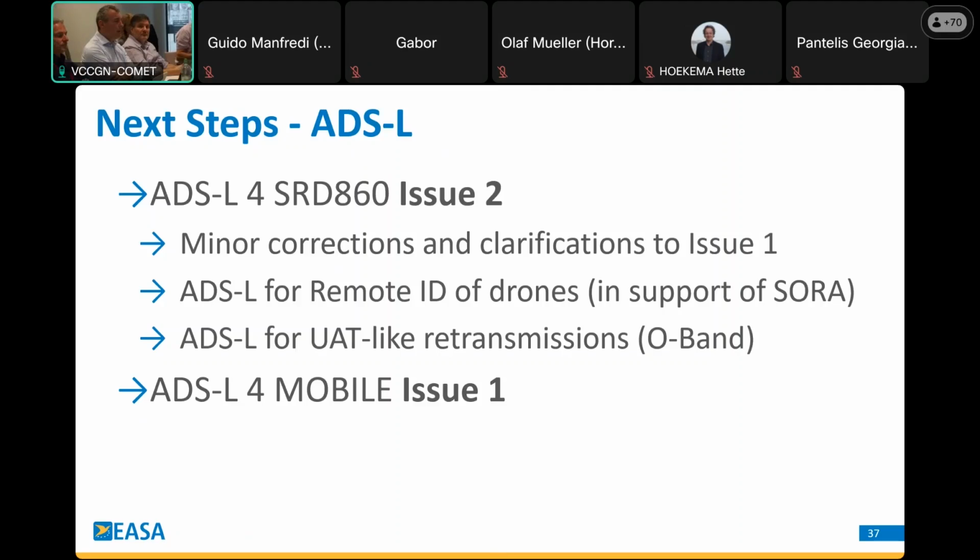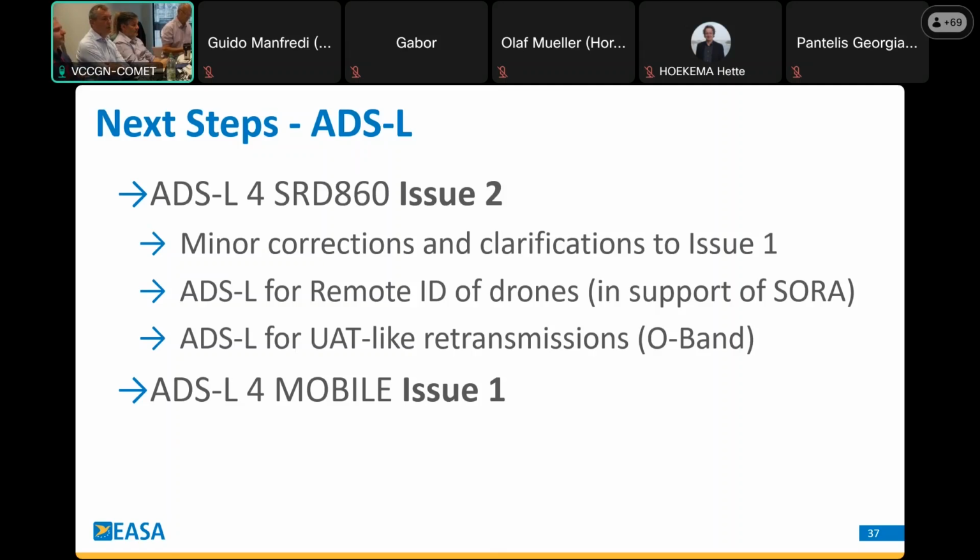Thanks to partners, I will name three projects, one in Norway, one in Finland, and one in the Netherlands, we will be able to assess through this development the performance of reception of these transmissions in a real environment, because every UAT rebroadcasting or retransmission station can retransmit the same information using the O-band.